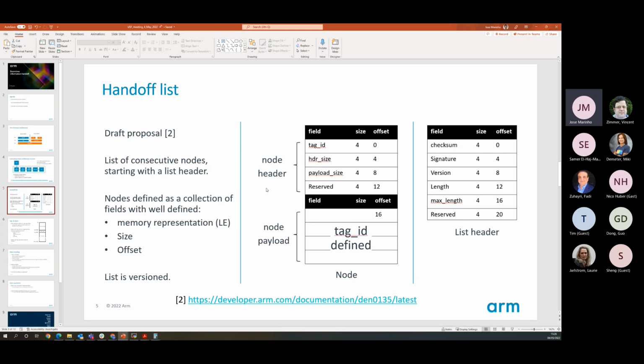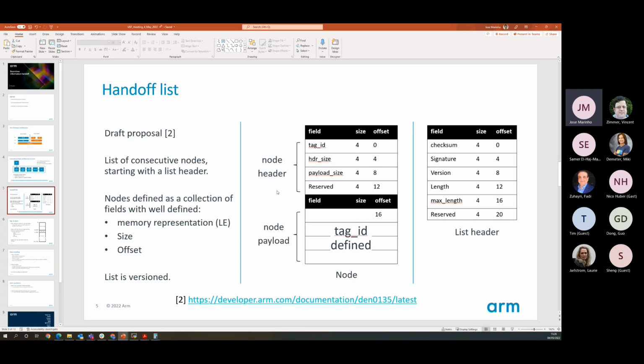The thing with the HOB list is that some parties in that discussion weren't really comfortable with using GUIDs with HOBs if they had to use bespoke nodes. So they preferred not to be forced to use GUIDs or HOBs, and they also wanted to have the ability to have nodes larger than 64K, which is one of the constraints with the current HOB list definition.